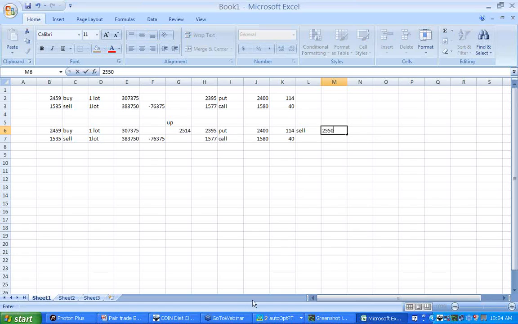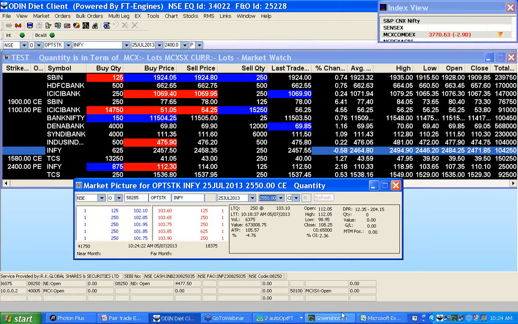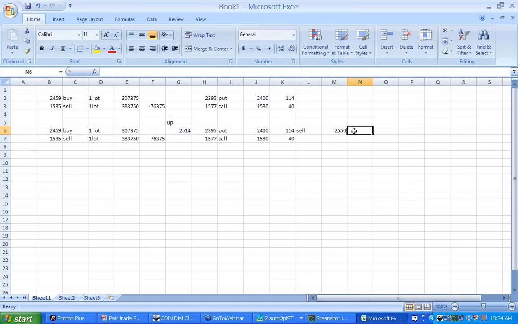I am not compromising my profit. I have paid 114 rupees as the premium here, so without compromising my profit, which comes if this goes to 2514, I sell at 103.